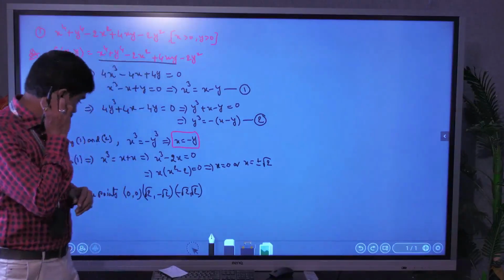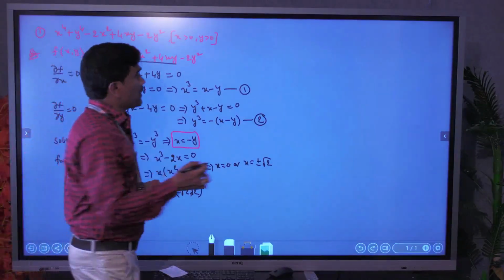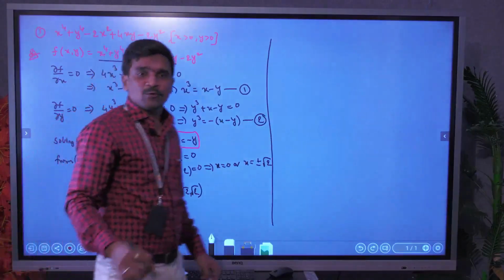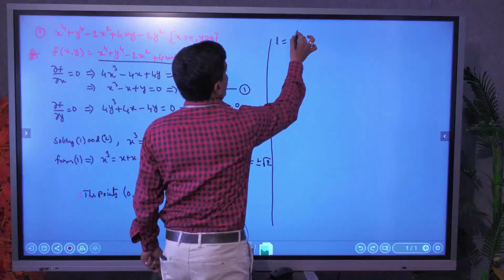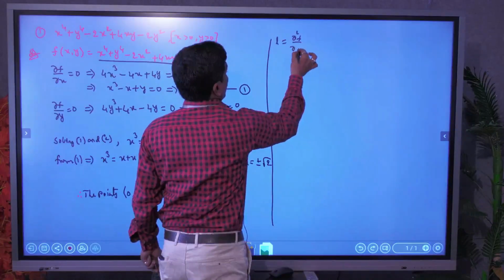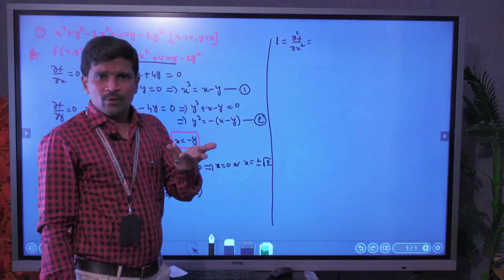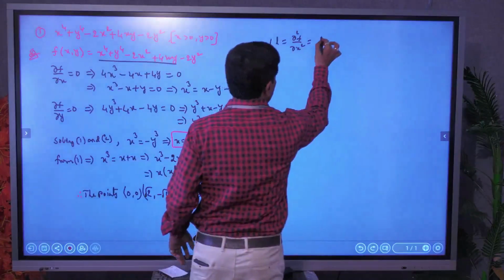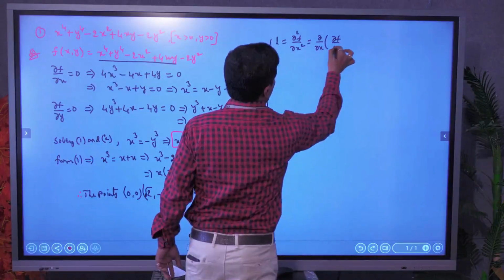Right? So next we have to calculate L, M, N. So what are L, M, N? Here L is dou square f by dou x square, which means derivative of f with respect to x two times. So this can be written as dou by dou x of dou f by dou x.